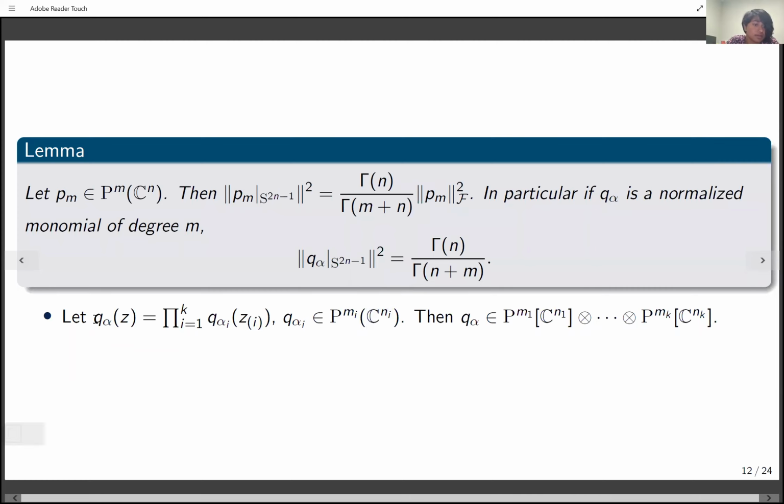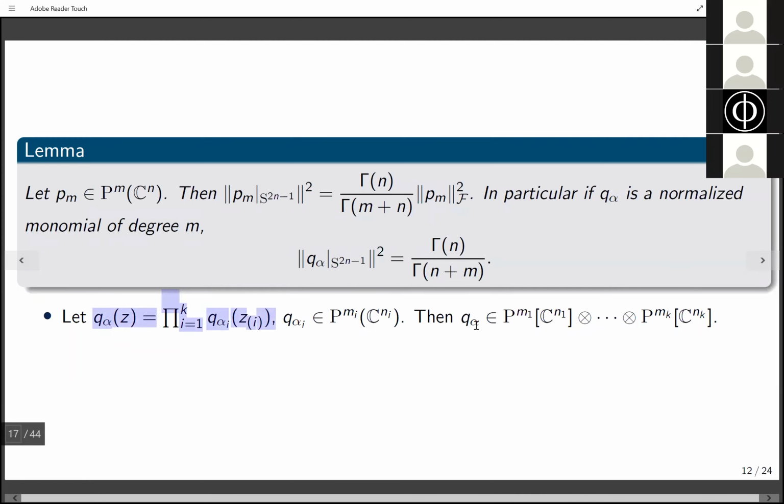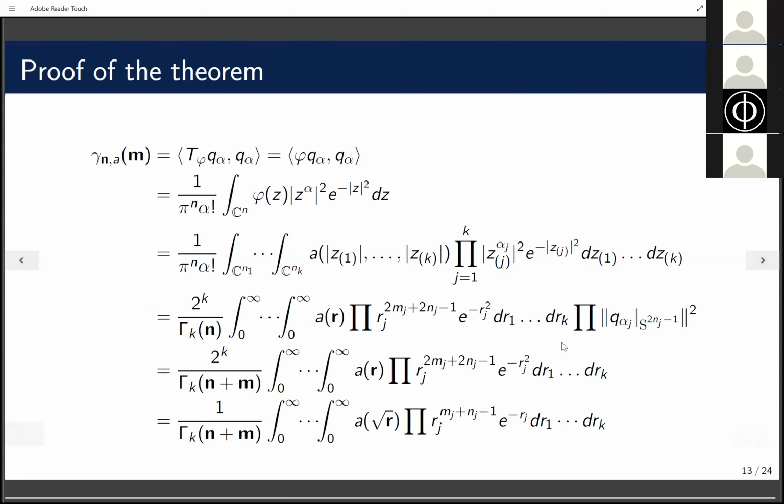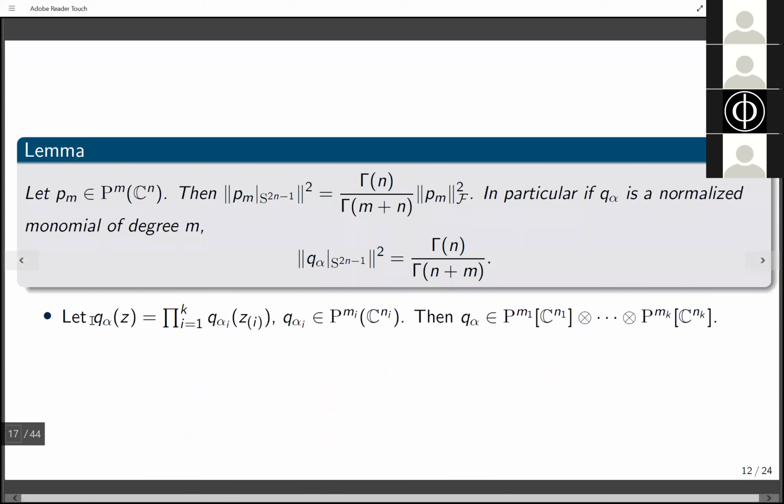Then this product is going to be in this tensor product of homogeneous polynomials. Okay, now we are going to compute the constant. So Q alpha is the monomial that we consider here.